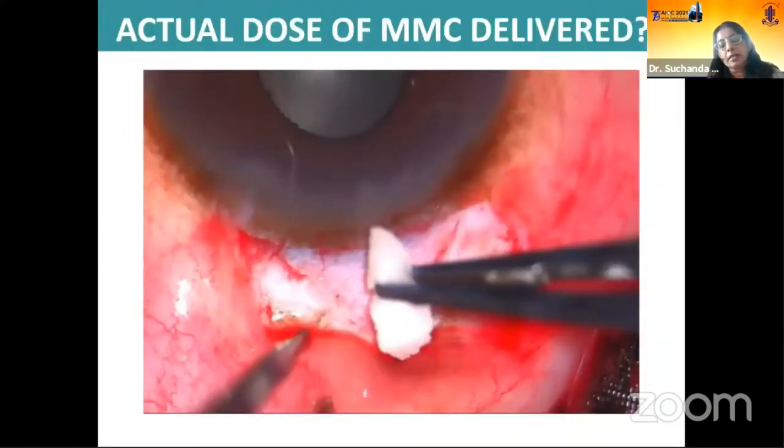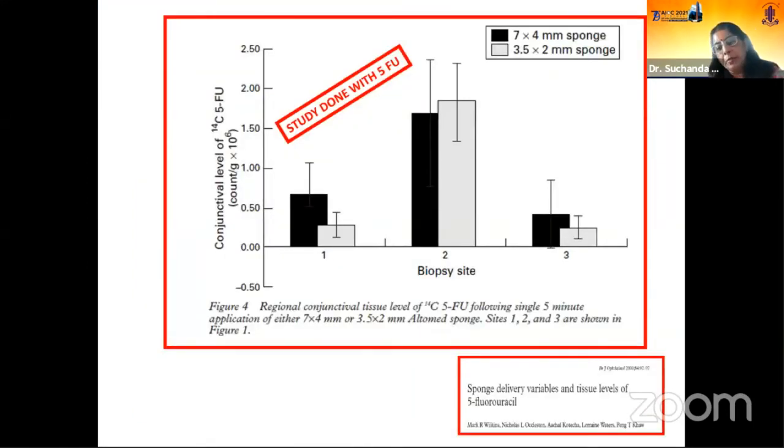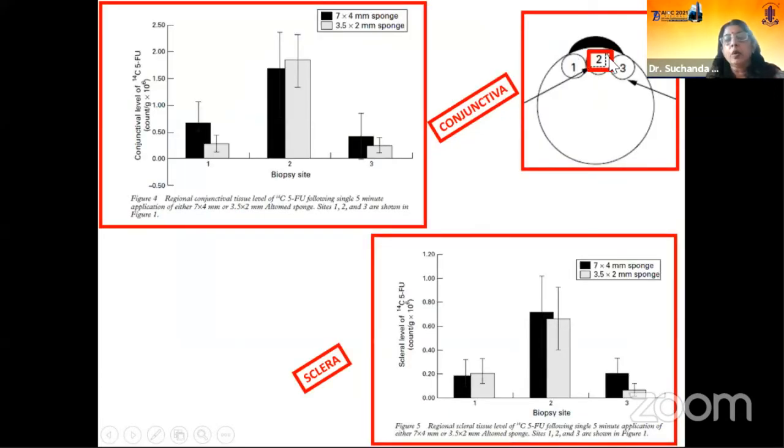Now, once the mitomycin C has been applied, what is the actual amount that is delivered? Sponge delivery variables and tissue levels with 5-fluorouracil were studied by Mark R. Williams, and they used porcine eyes where they applied the drug at 2 and also studied 1 and 3.